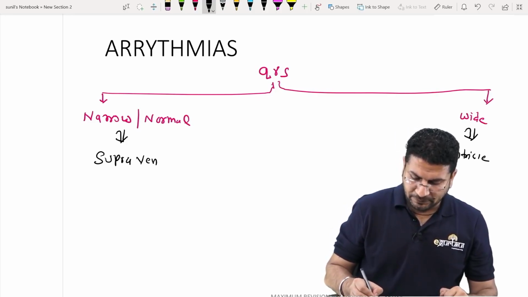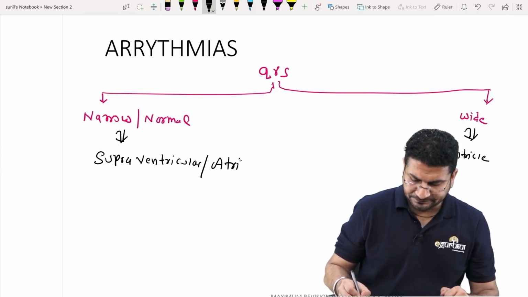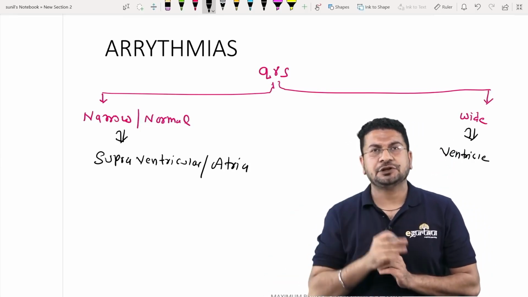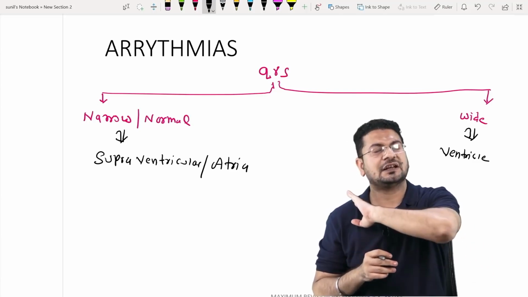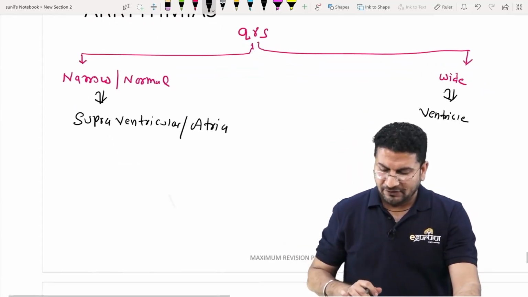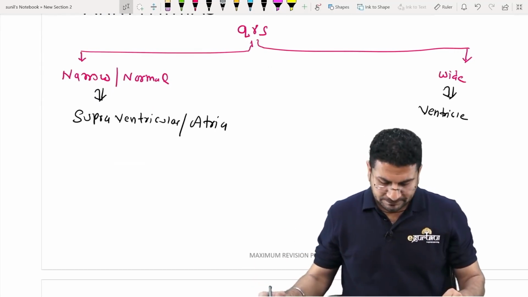Above the ventricle means supraventricular. It can be a problem in the atrium. So my take home message is just look at the QRS. If it is normal or narrow, remember it's an atrial disorder. Wide QRS is a ventricular problem.